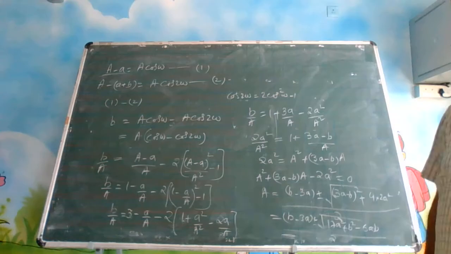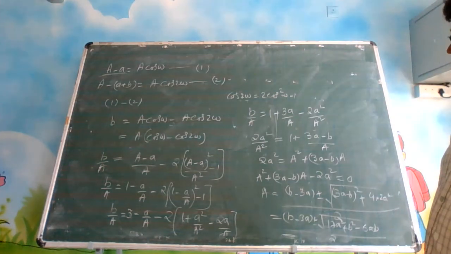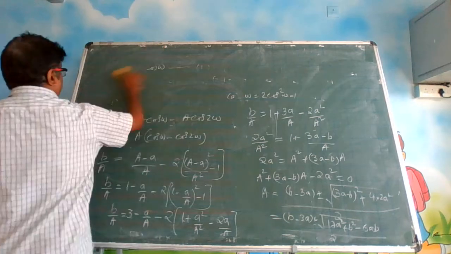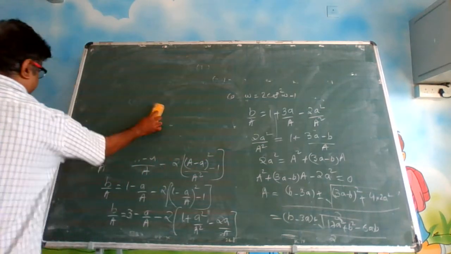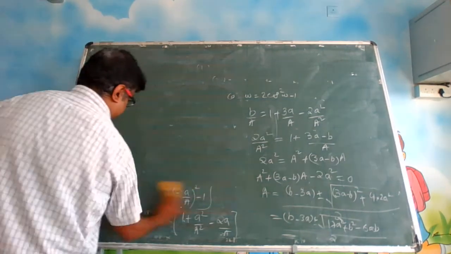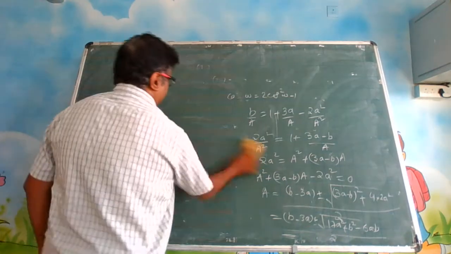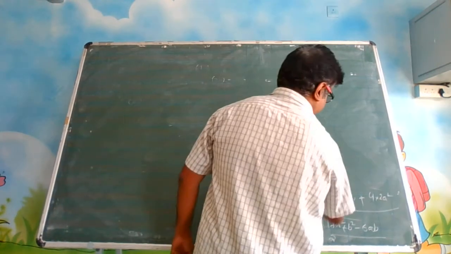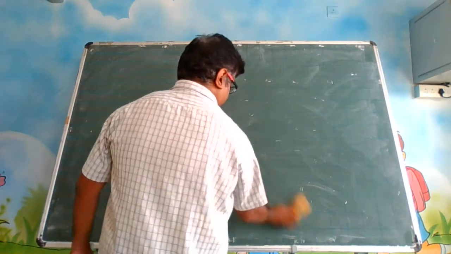Just take a screenshot and work it out. Don't know where the problem is coming. It became very tedious. I didn't expect this to be so tedious. Just let me dust it.